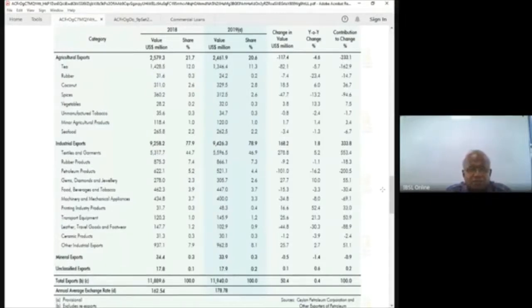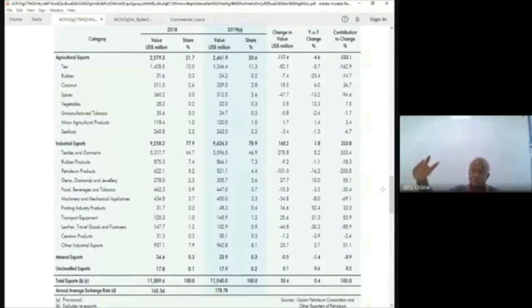Agricultural exports, textile, garments, rubber, these are the export earnings. Inflow of dollars, supply of dollars. Who buys? Foreigners buy, they demand our products.